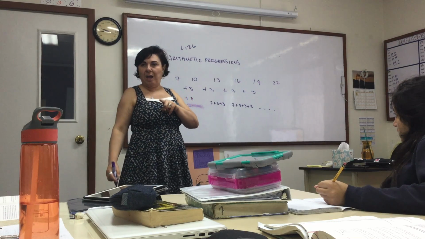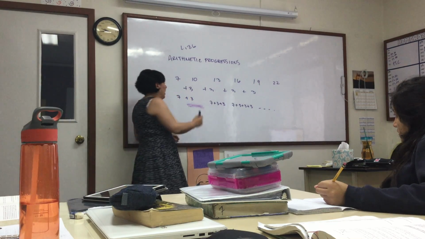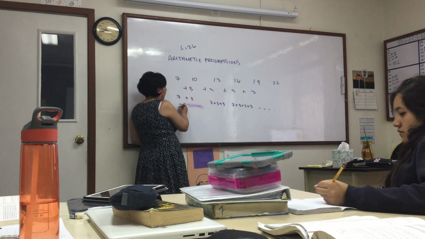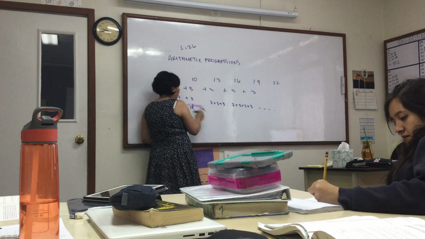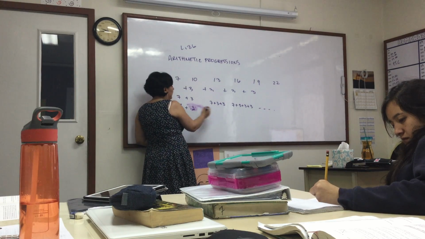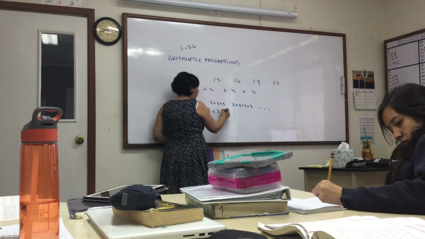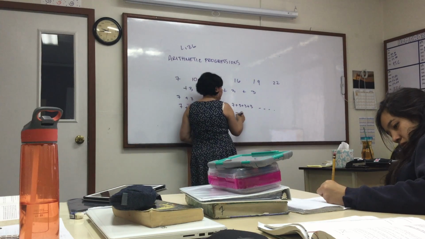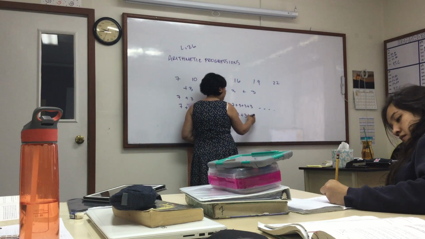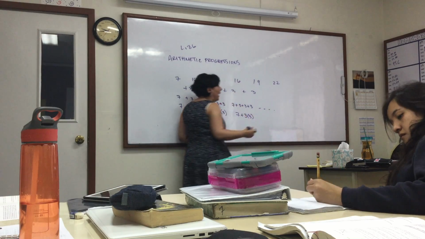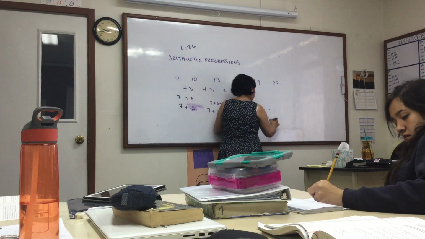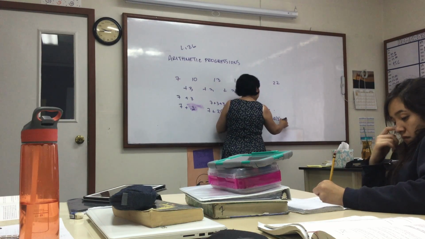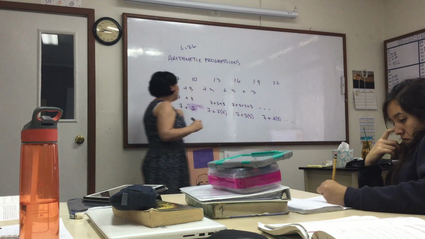What is that short way? Multiplication. So this one would be 7 plus, let's call the difference D, okay? Oh no, let's call it 3. And then this one would be 7 plus 2 times 3. And then this one 7 plus 3 times 3. And the next one, even if I don't have it, I know it will be 4 times 3, and so on, okay?